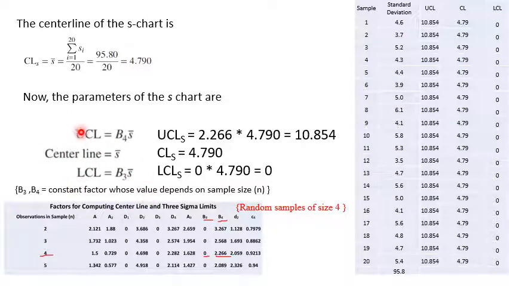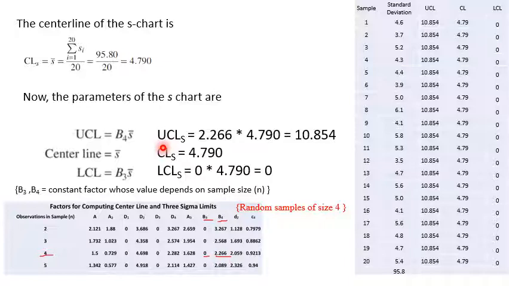B3 and B4 are constant factors whose values depend on the sample size n, and in the question it is given that the random sample size is equal to 4. So at n equal to 4, we find B3 and B4 from the table. At n equal to 4, B3 is equal to 0 and B4 is equal to 2.266.